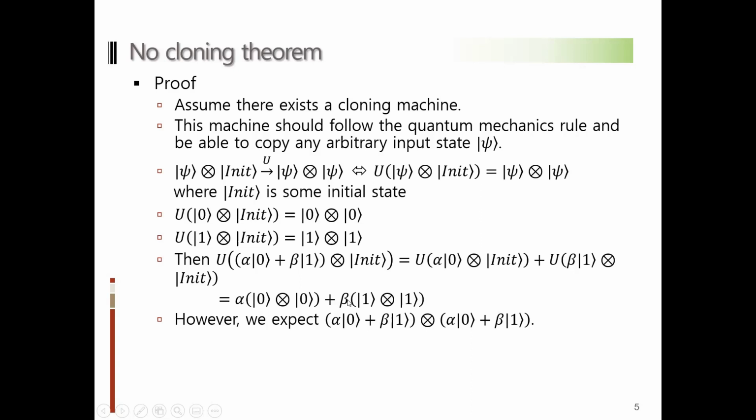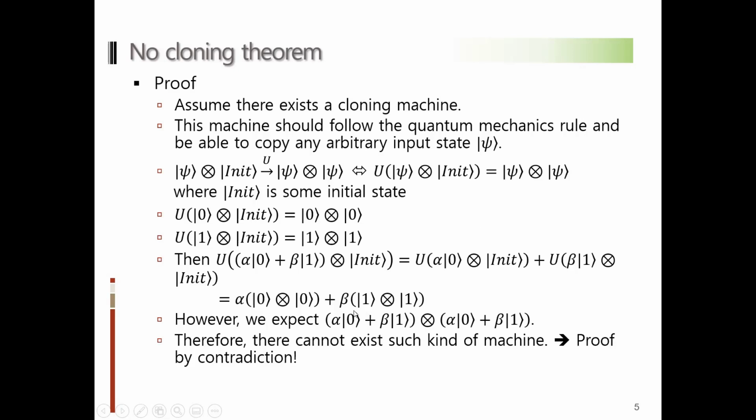So even if we started with the assumption that there exists a cloning machine, and we allowed any arbitrary possibility, the result is that we obtain this kind of contradiction. So by proving the contradiction, we show that there cannot be such a cloning machine. That's why we call this situation the no cloning theorem.